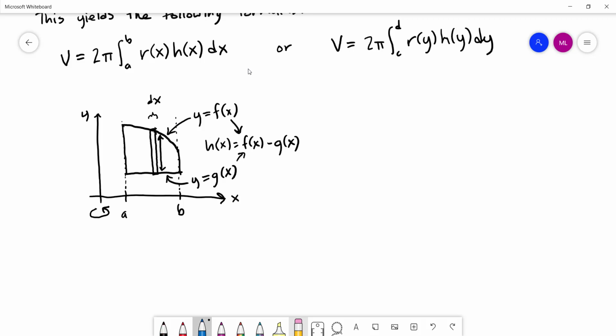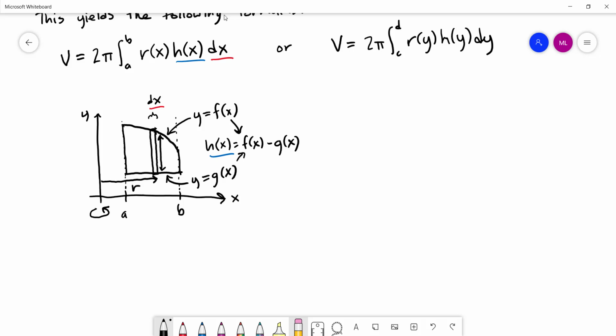I've accounted now for this part is this part, this part is this part. We're summing them all up. I've accounted for the 2 pi. So what about this r of x? Well, the r of x is the radius from whatever axis we're rotating around. And in this case, the radius is the distance from here out to that rectangle.